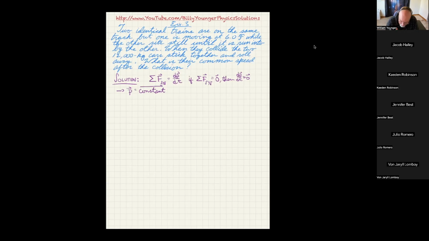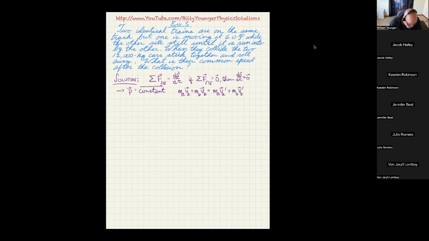Okay. So with that in mind, we could say, for instance, two train cars, MA VA plus MB VB is equal to MA VA. I'm going to put a prime on it to represent the velocity of a car after its collision, car A, that is, plus the mass B times the velocity of car B after the collision.